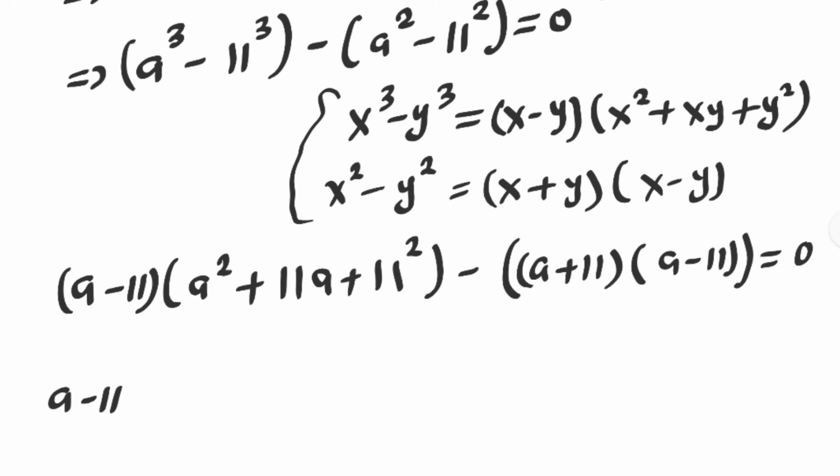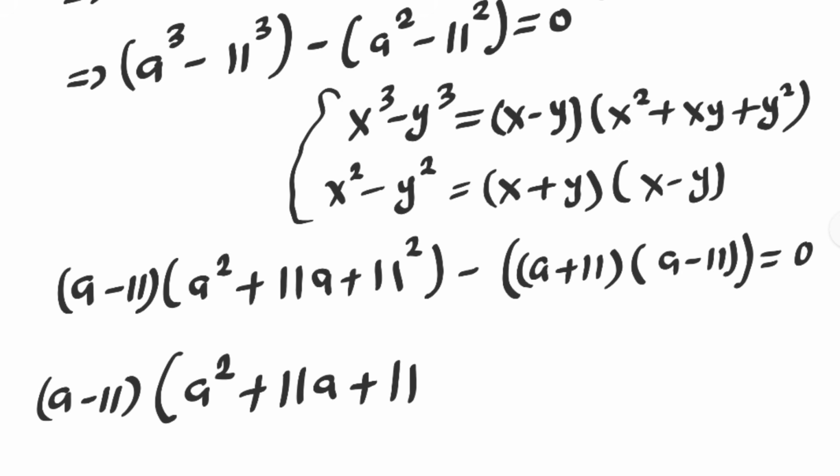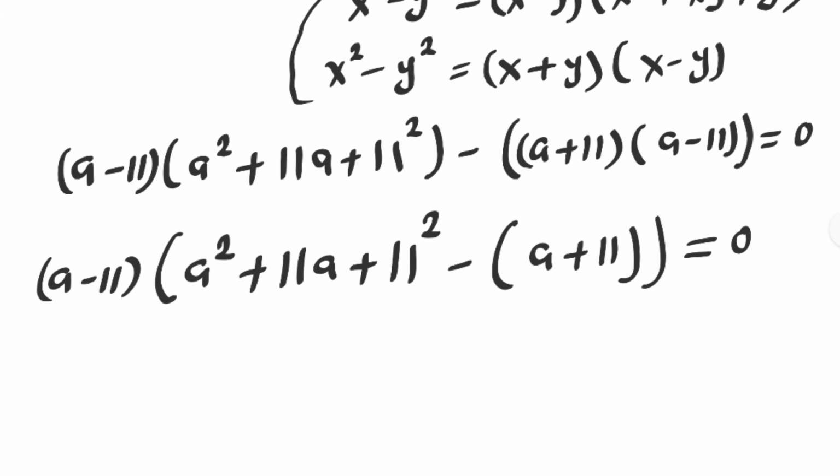A minus 11 bracket, if you divide the whole of this by a minus 11, we have a square plus 11a plus 11 square and minus, if you divide the whole of this by a minus 11, that will give a plus 11 close the bracket is equal to 0.